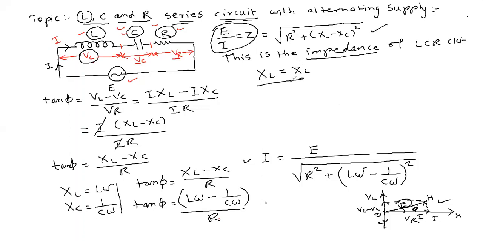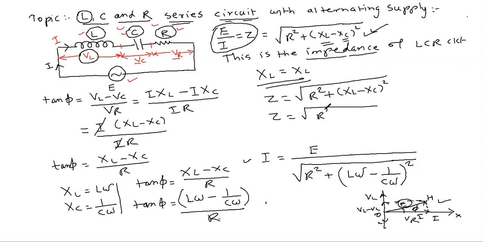Then what will happen? If we put this value in the formula of Z, then I can write Z is equal to square root of R square plus XL minus XC bracket square, which becomes Z is equal to square root of R square plus 0. So ultimately Z is equal to R.